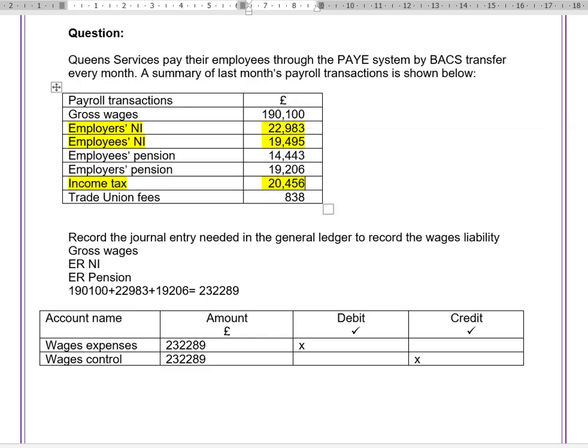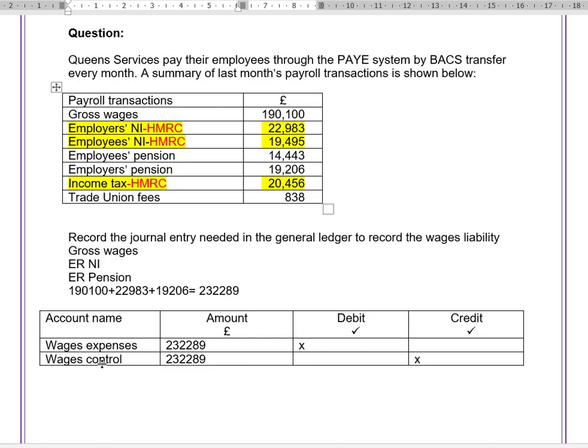That will make up what should be paid to HMRC, and you will literally find that that will represent the HMRC liability. So if they had asked me what is payable to HMRC, that will be your employers NI, employees NI, and income tax. All of those three items will be payable to HMRC.